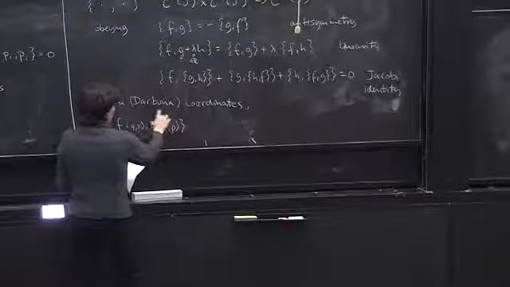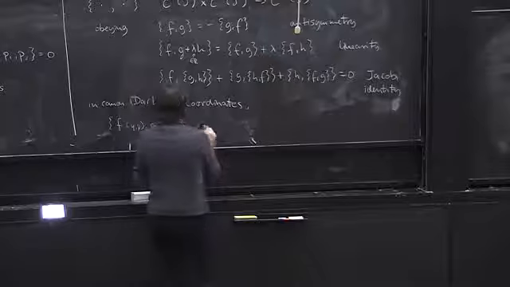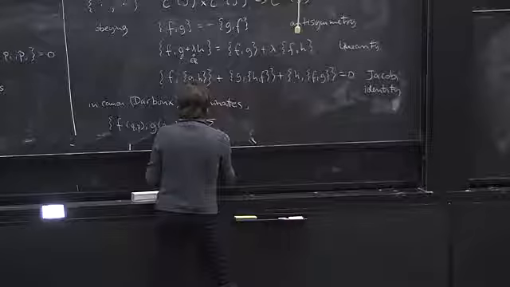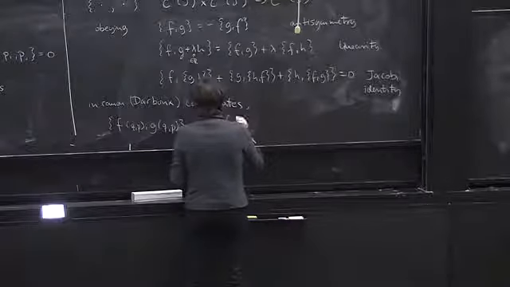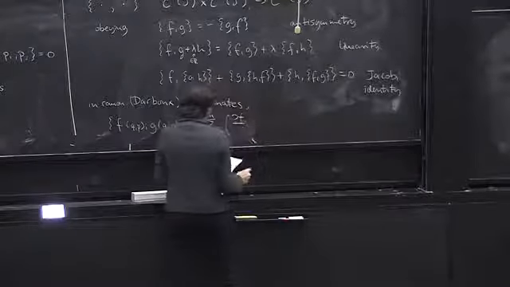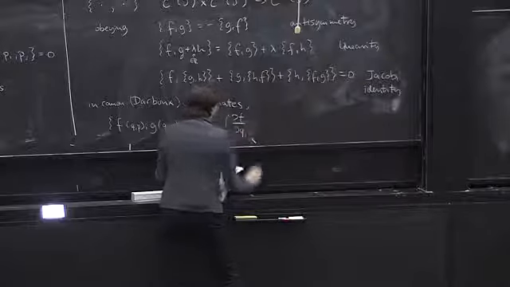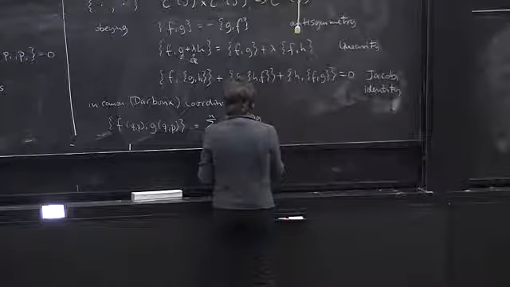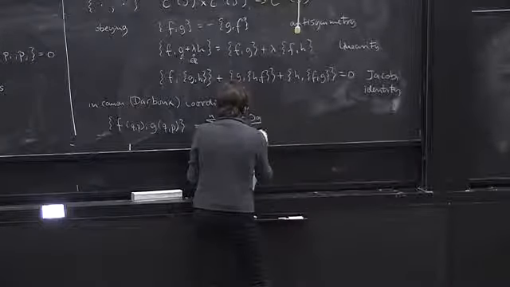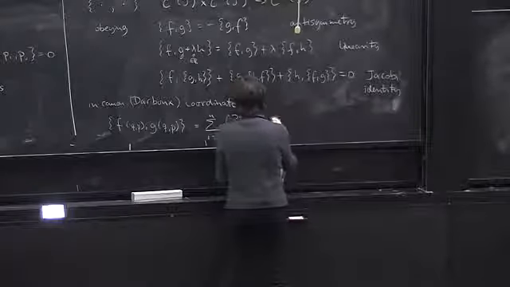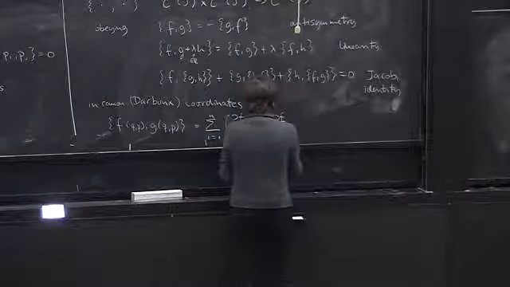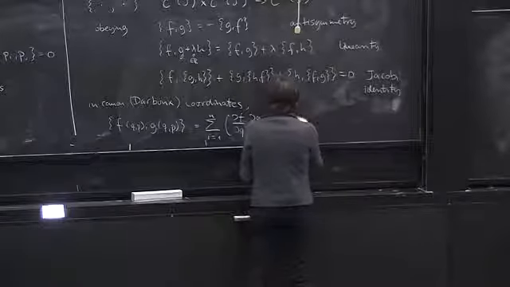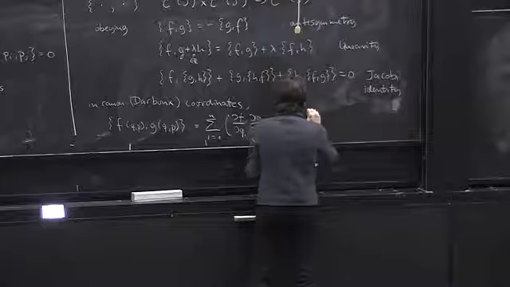Now let's assume that these are Darboux coordinates already. Then you can simply compute the Poisson brackets by looking at the partial derivative of f with respect to qi multiplied into the partial derivative of g with respect to pi, minus the whole thing antisymmetrized, minus del f, del pi, del g, del qi.